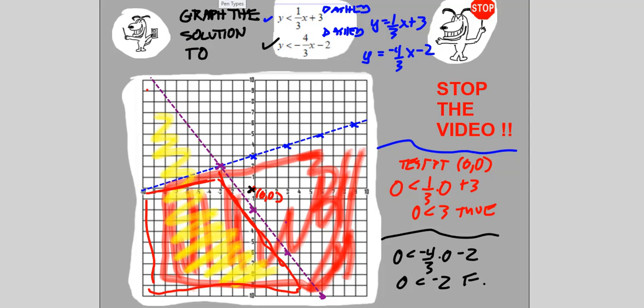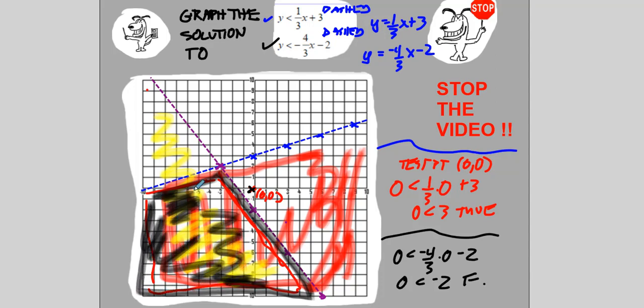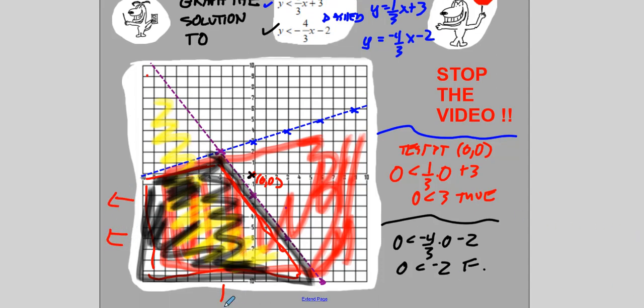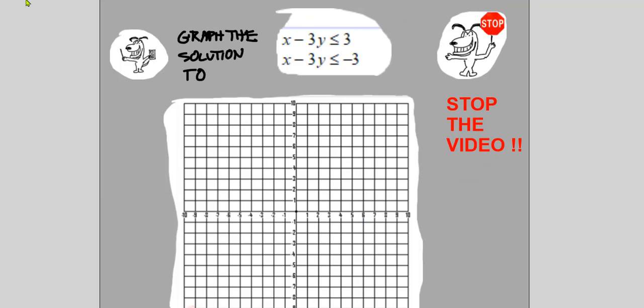Let's actually do that a little better. It goes to the left, and it goes down. So it's that black trapezoidal area, but it also goes down and to the left. Okay, stop the video and do this problem.